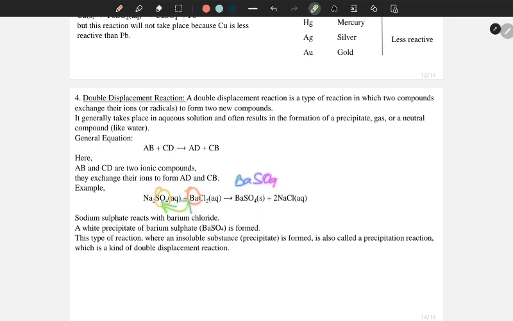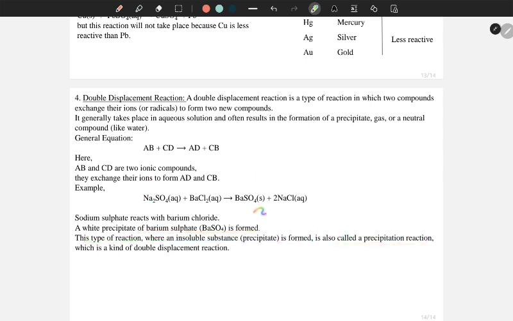So this is an example of a double displacement reaction. A white precipitate of barium sulfate is formed. Here barium sulfate is present in the form of PPT. This type of reaction where an insoluble substance, a precipitate, is formed is also called a precipitation reaction.